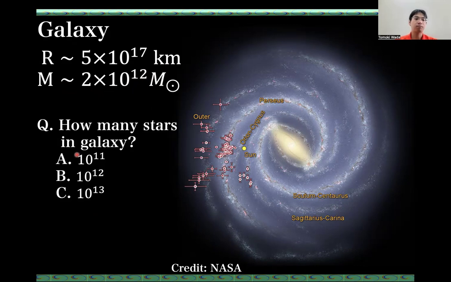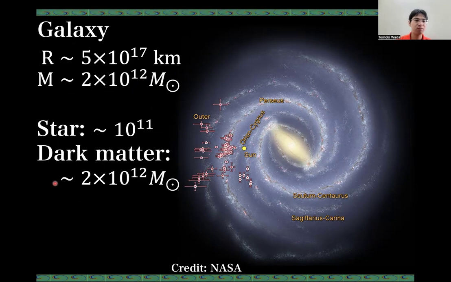Okay. I think many people choose this value, B, but the number is about 10 to the power of 11. And the mass of star is very, very roughly about this value times solar mass.